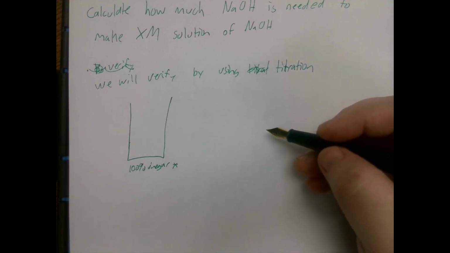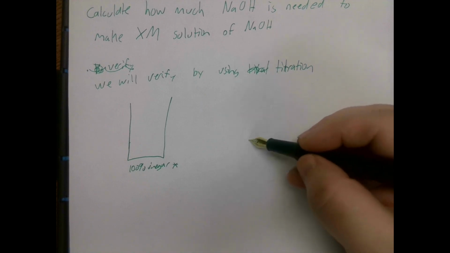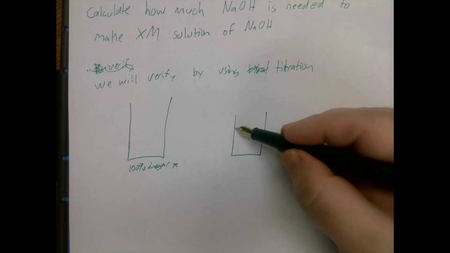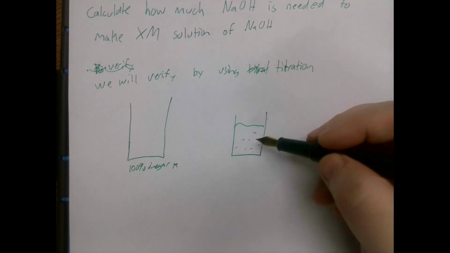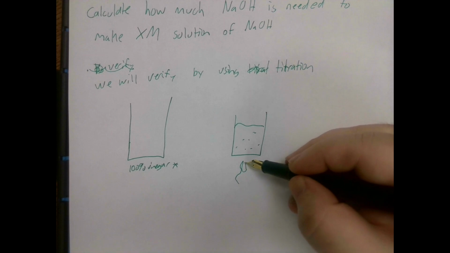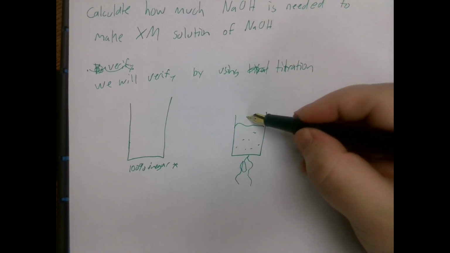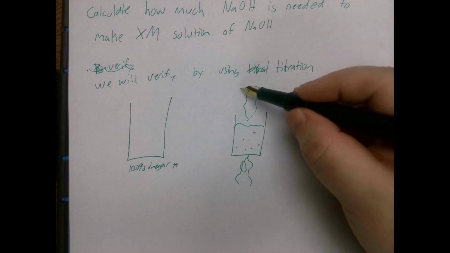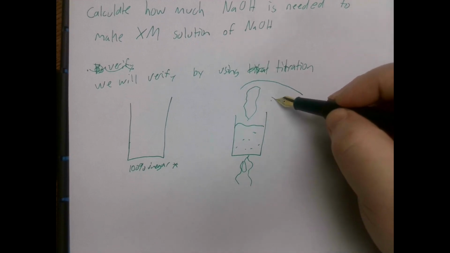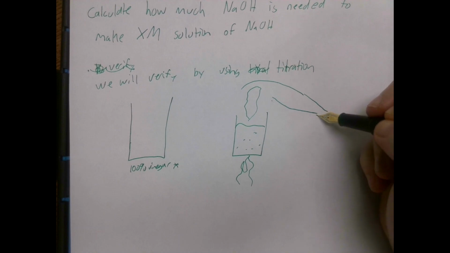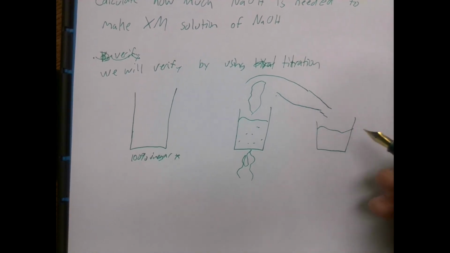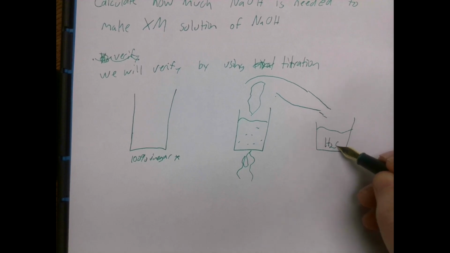What does it mean to distill? It's where you boil it and then collect it. So let's say I have some tap water with a whole bunch of junk inside of it. If I boil it, it'll turn into steam. And then if I somehow collect that steam by hooking up a pipe system to it, and drip it off into another one, what I end up with is very pure water.